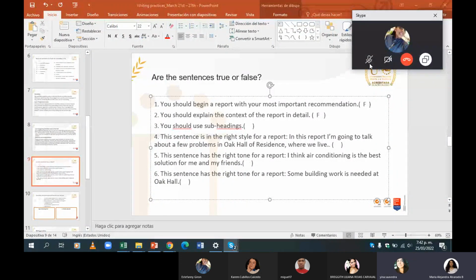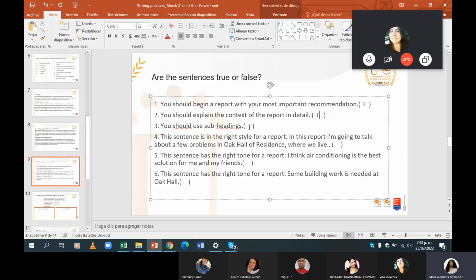I remember that the text explained that subheadings can be used. Sorry, guys, number 3, I didn't hear you. Is it true or false? You should use subheadings? It can be true, teacher. Do you know what subheadings are in Spanish? Subtítulos, teacher. Yes.